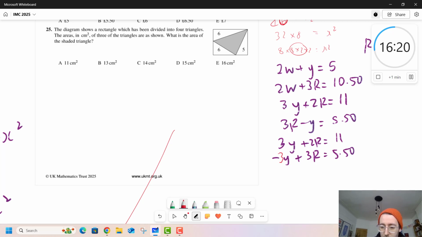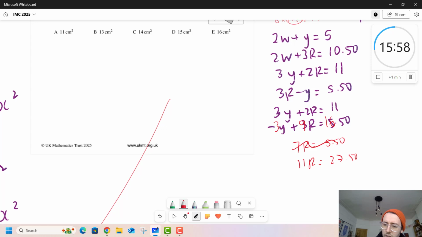So that's a 3, that's a 9. So I'm just timesing it all by 3, and that's £16.50. Then I subtract them, and I get 7r equals 5.50. Oh, wait a minute. Oh no, I add them. 11r equals £27.50. So r equals £27.50 over 11.